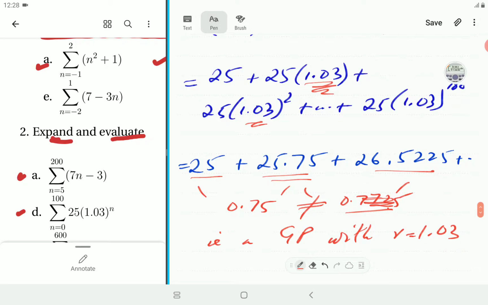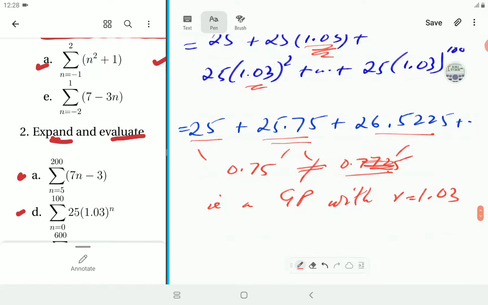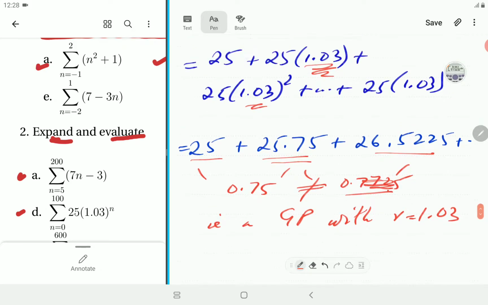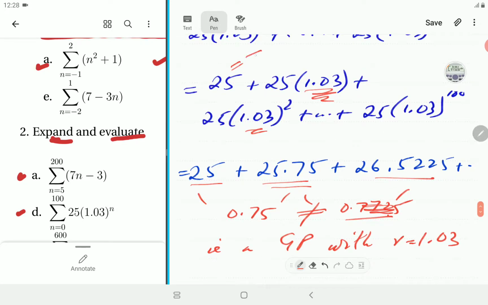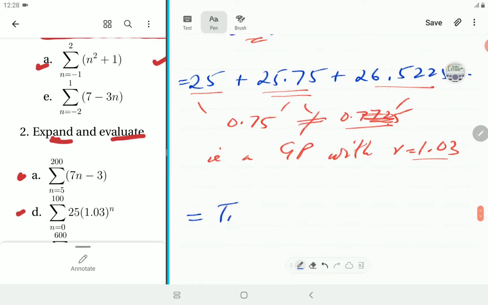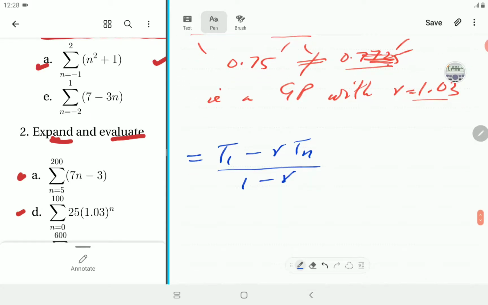The next thing is how many terms we have, but for a GP we do have a formula that does not require the number of terms. If we know T1 and we know Tn and we know the ratio, then we can find the value of this summation using the formula (T1 minus r times Tn) divided by 1 minus r.